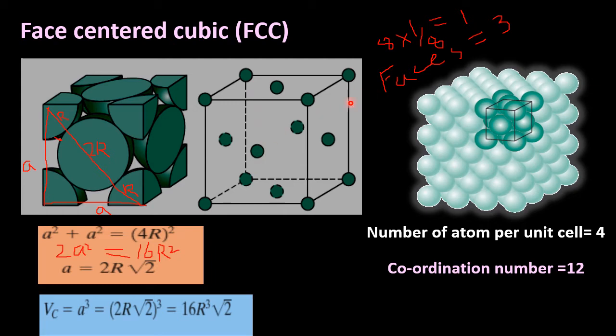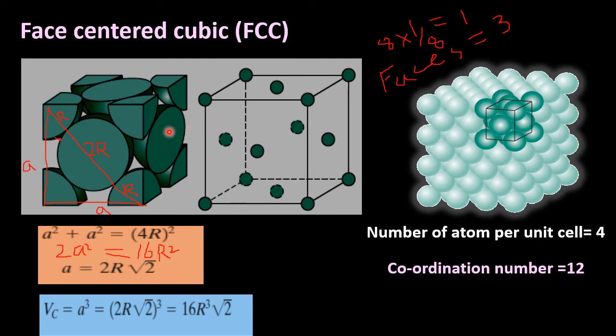That is this one, this one, this one, and this one. So it has 4 nearest neighbor atoms surrounding it, 4 face atoms in contact from behind, and 4 other equivalent face atoms residing in the next unit cell.